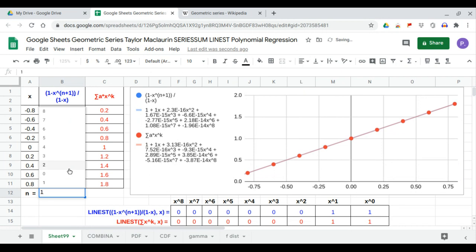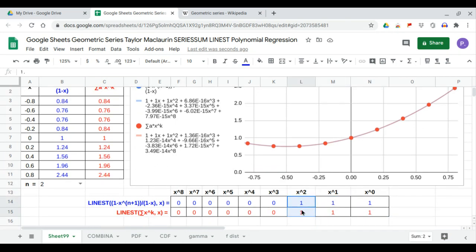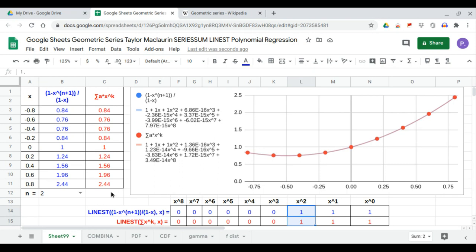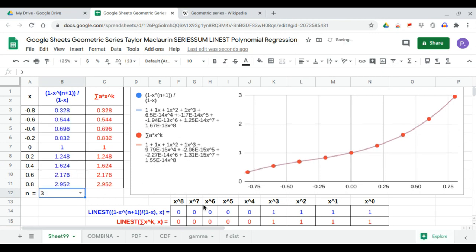At n equals 2, our polynomial is 1 plus 1x plus x squared. At n equals 3, our polynomial is 1 plus 1x plus x squared plus x cubed.